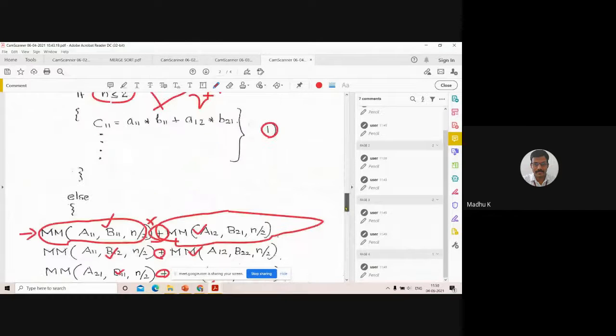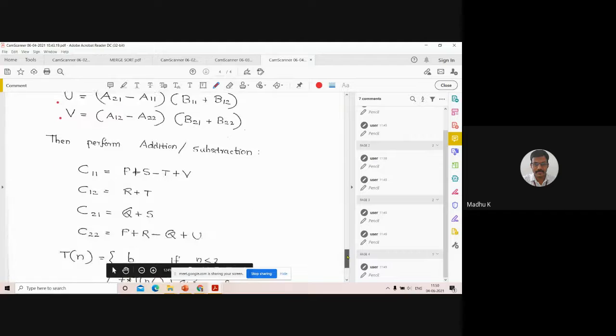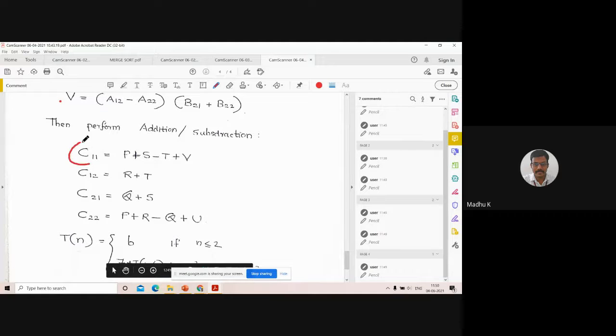So here we are forming 7 equations using A11 plus A22 and so on. In this way, there are 7 equations: P, Q, R, S, T, U, V. Then we will calculate C11 in this way, using these equations, and C12, C21 in this way. By doing this, we will get the final C matrix.